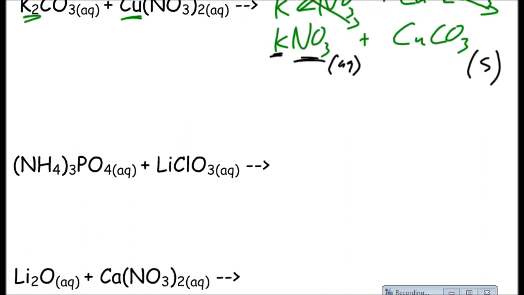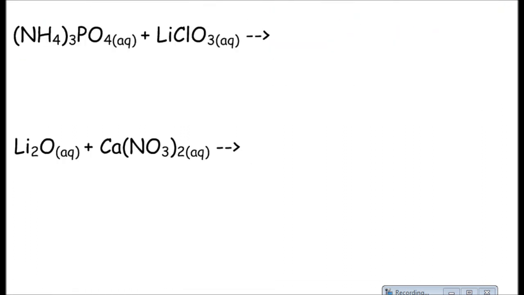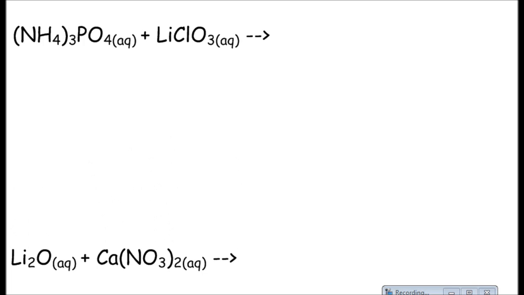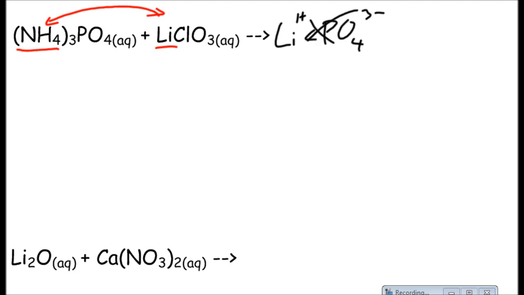Now let's look at our next example here. We've got ammonium phosphate and lithium chlorate. So yet again, what we're going to do with the alkali metals and the ammonium is they are going to switch spots. So what we end up having is lithium, which is 1 plus, and phosphate, which is 3 negative. When we cross that over, that becomes Li3PO4.